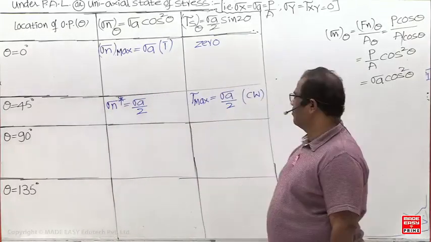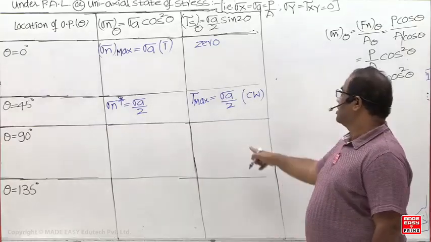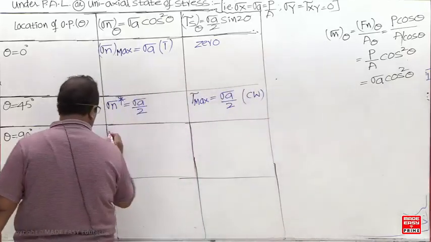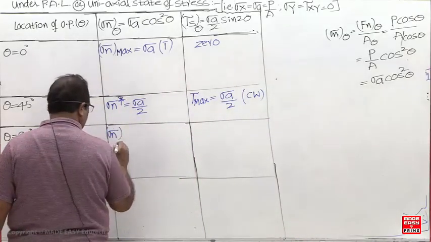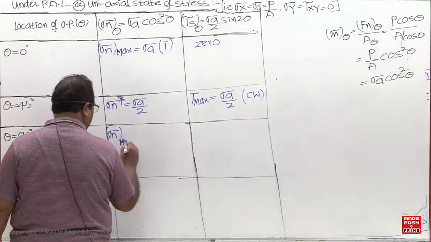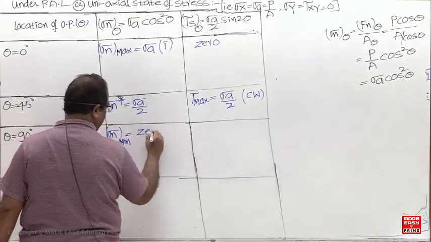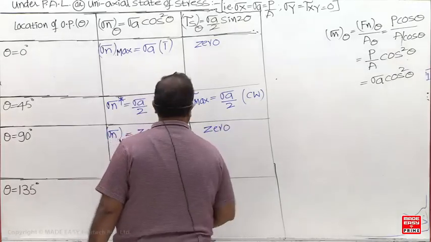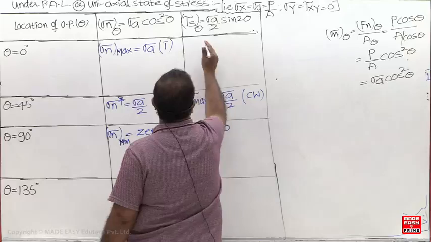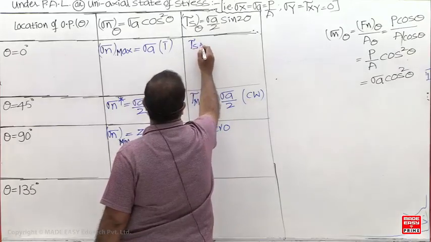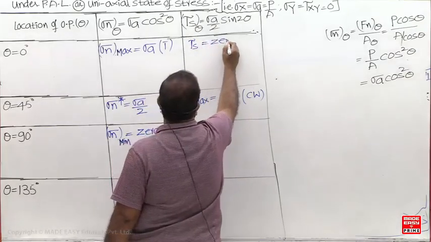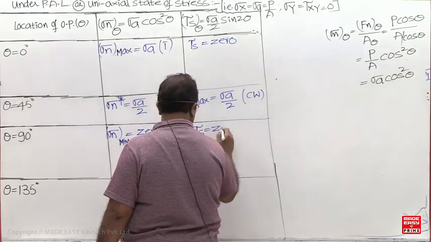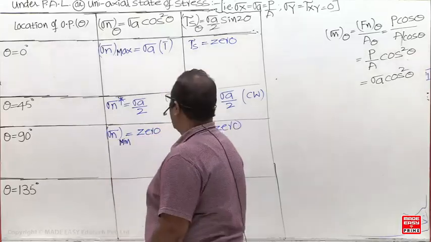Capital T means tensile. I'm getting a positive value, which means tensile. Here I'm getting a clockwise shear. Next, at 90 degrees, what is the normal stress? Then at 135 degrees.